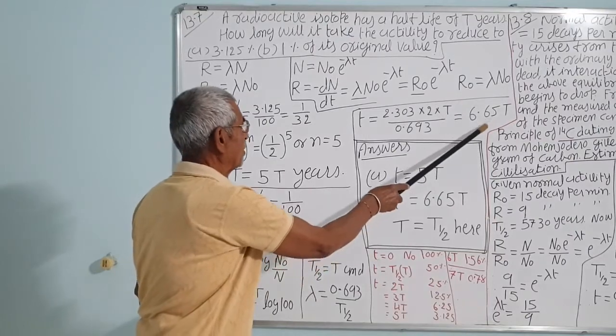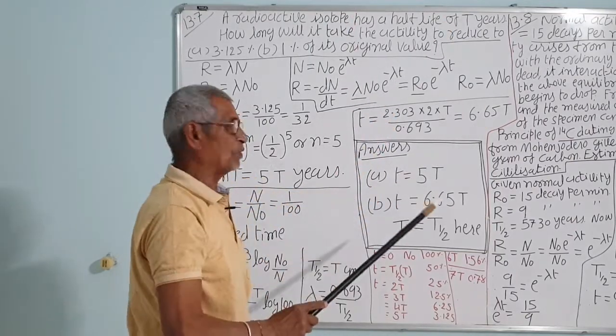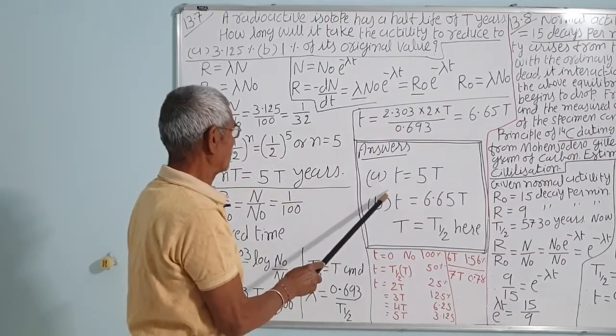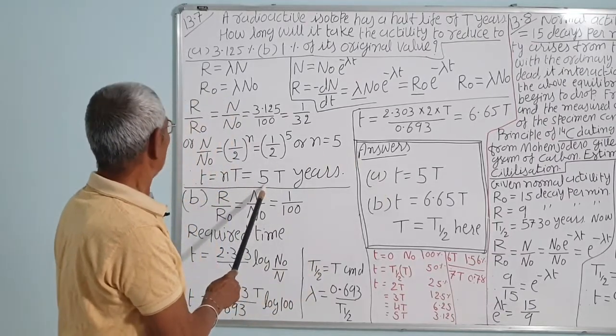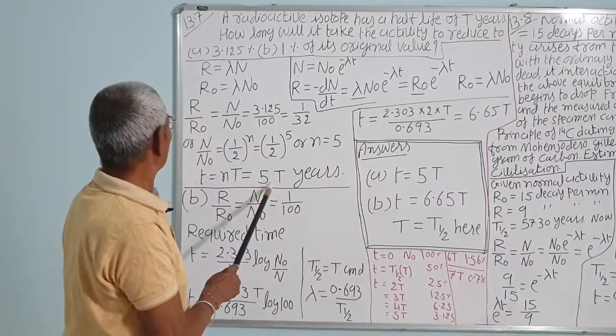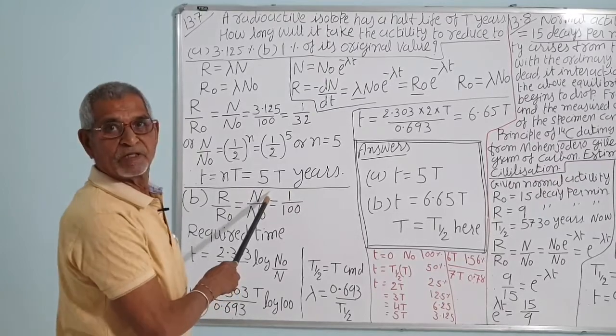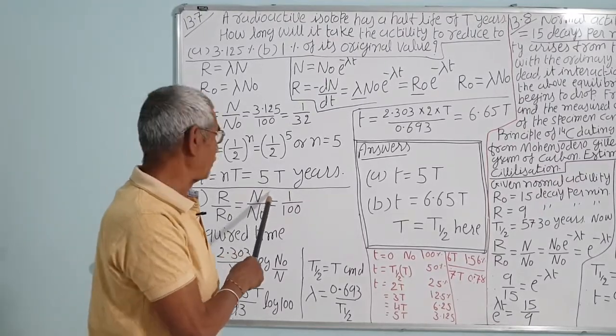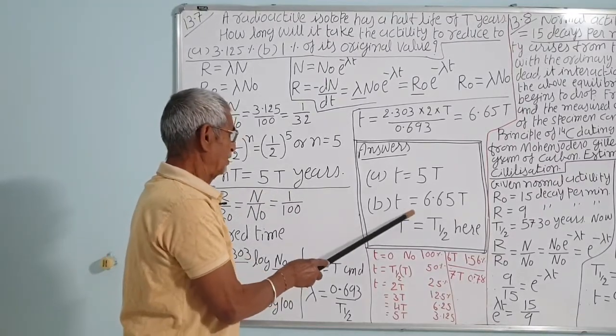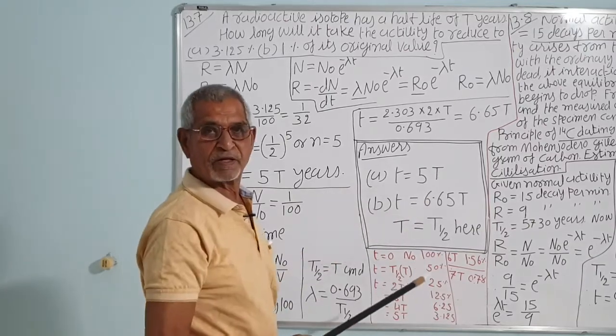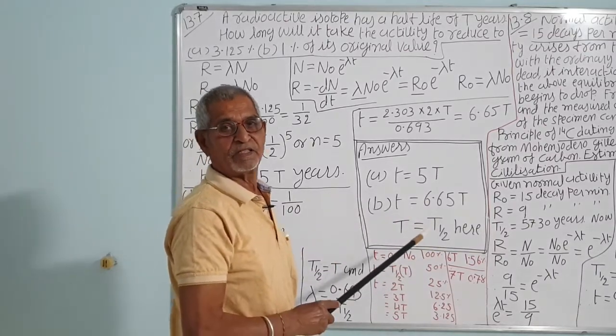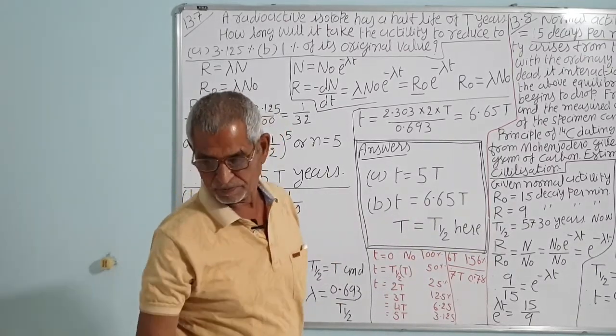It is not T half, here it is given T, so you will have to use the T, correct. So for the first case it is 5 half life periods when it reduces to 3.125%, and 6.65 half life periods when it reduces to 1%.